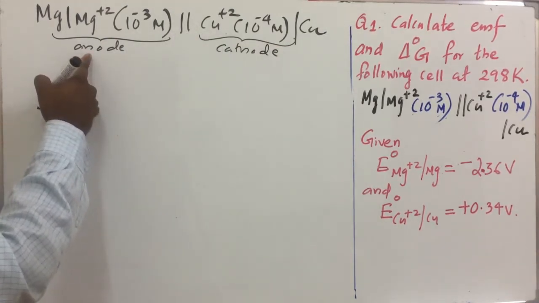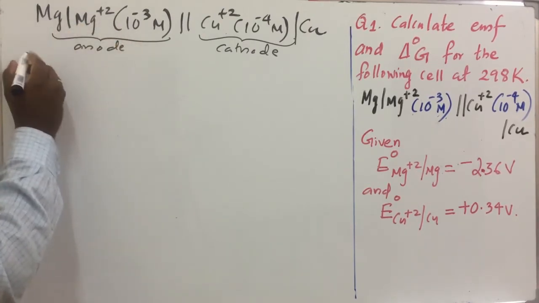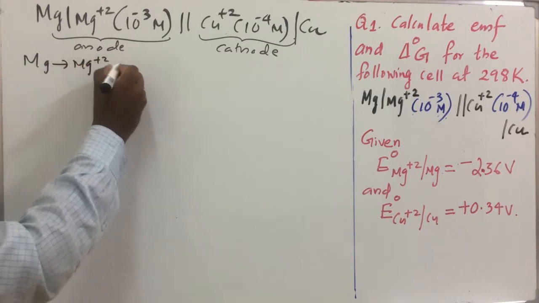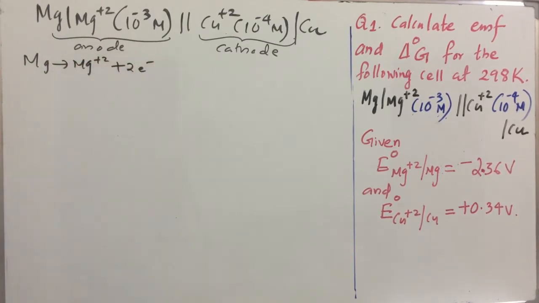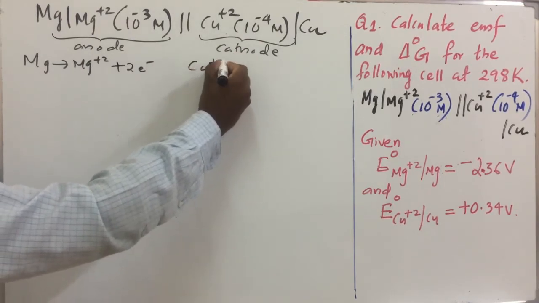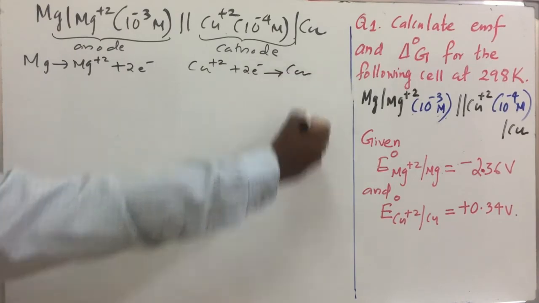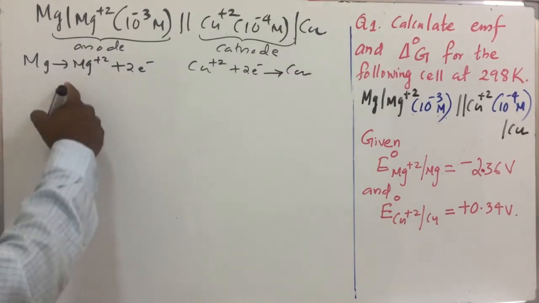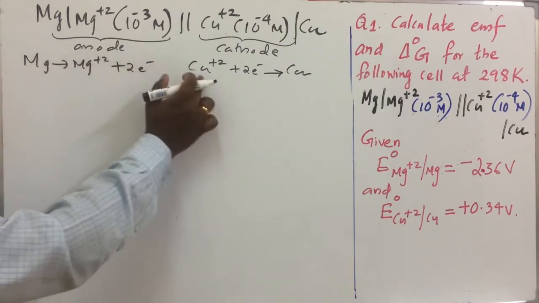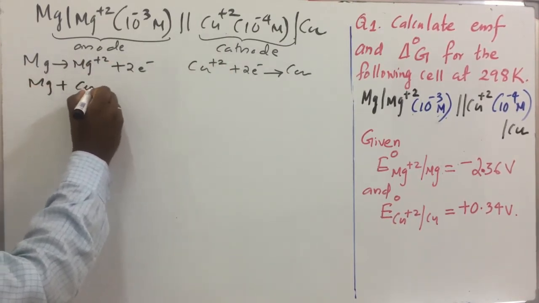At the anode, which reaction will take place? Oxidation. So write the first half cell reaction: Mg gives Mg+2 plus 2 electrons at the anode. At the cathode, reduction: Cu+2 plus 2 electrons gives Cu. Now write the overall reaction. Adding the left sides, Mg plus Cu+2 plus 2 electrons gives Mg+2 plus 2 electrons plus Cu.